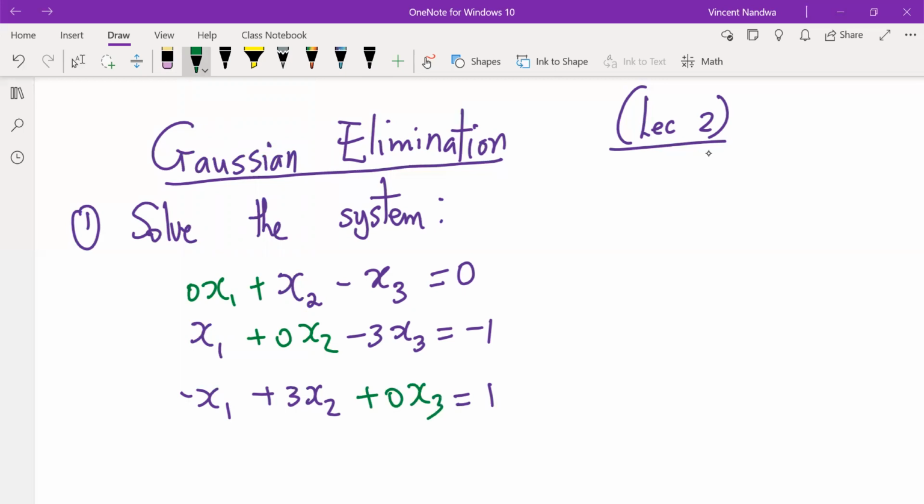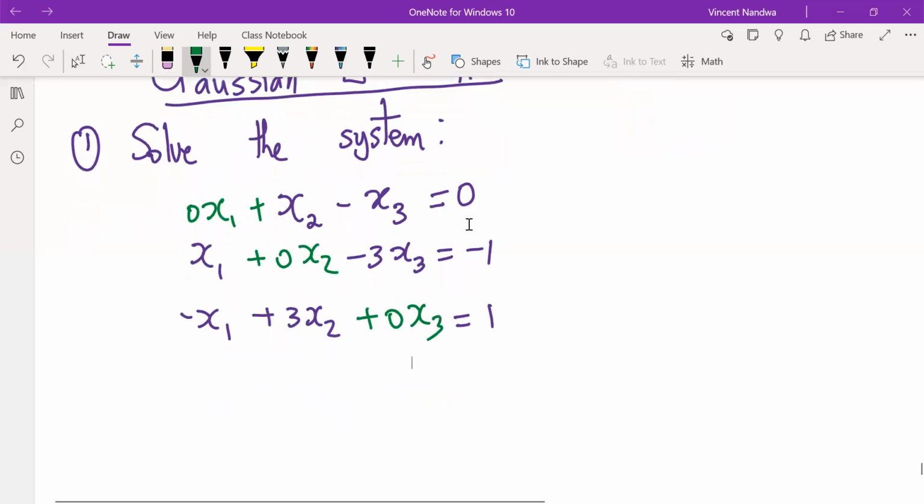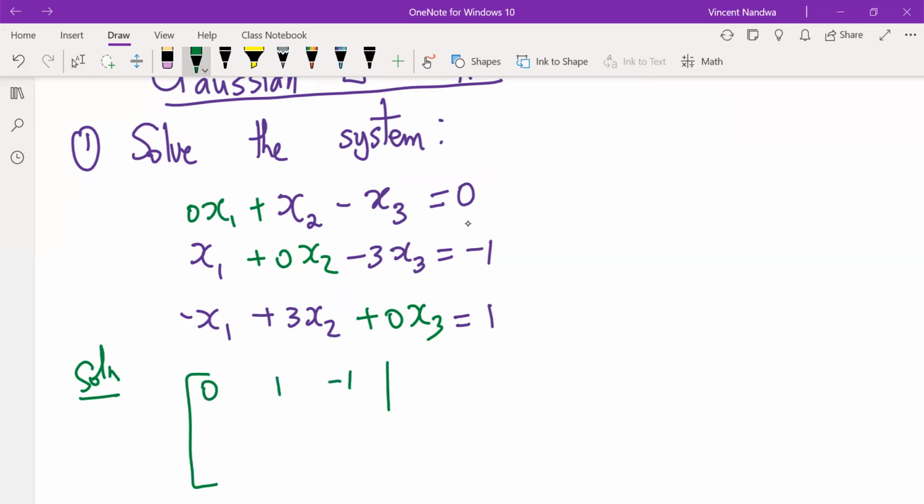You write the variables in line so that when you write the augmented matrix, everything takes the correct position. So then the augmented matrix will be 0, 1, -1, 0, separated by this line; 1, 0, -3, -1; then -1, 3, 0, 1.